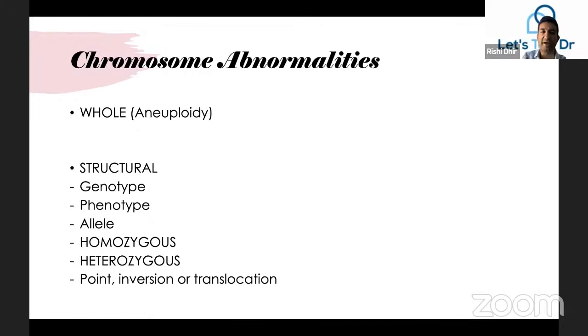Deletions are where part of the chromosome is removed. Inversions are where part of the chromosome is rotated about 180 degrees. Translocation is where genetic material is transferred from one chromosome to another. So remember those words: point mutation, deletion, inversion, twisting 180 degrees, and translocation.